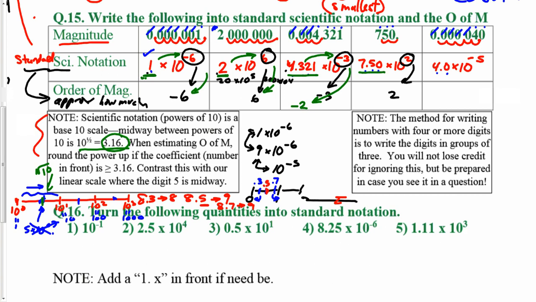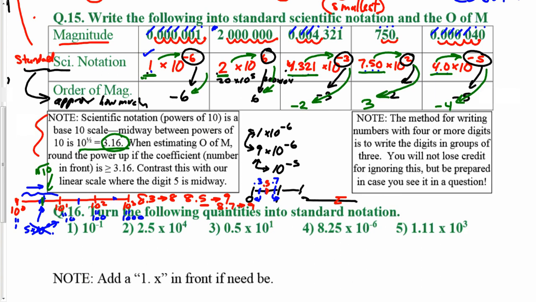The coefficient is bigger than 3.16. So this 2 gets rounded up to a 3. And let's look at the last one. Negative 5. So you would say this is approximately power negative 5. But then you look at the coefficient, it's 4, which is greater than 3.16. Your negative 5 goes up a power to negative 4. That's how order of magnitude works.